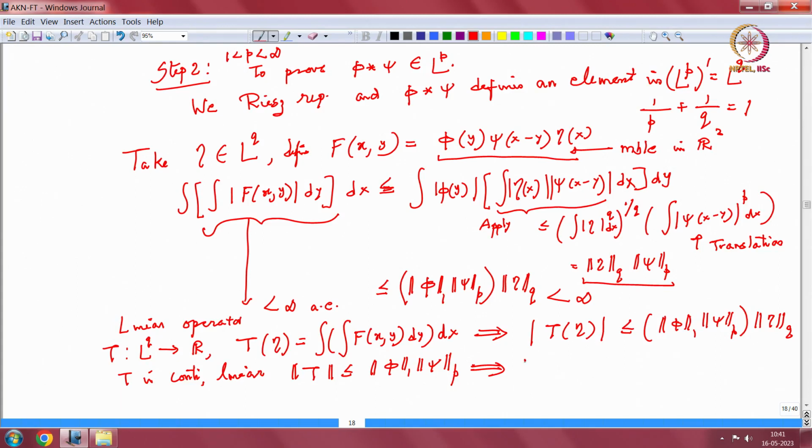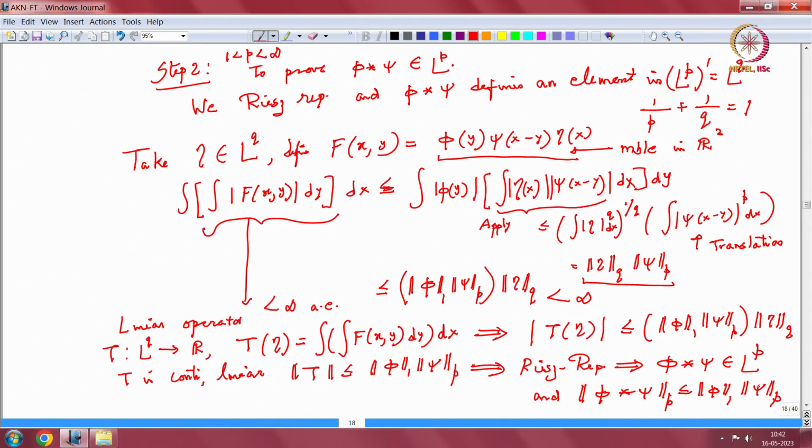So, Riesz representation theorem. Okay. The Riesz representation theorem implies the existence of this phi star psi in LP, and the norm of phi star psi in LP is less than or equal to norm phi in L1 times norm psi in LP.